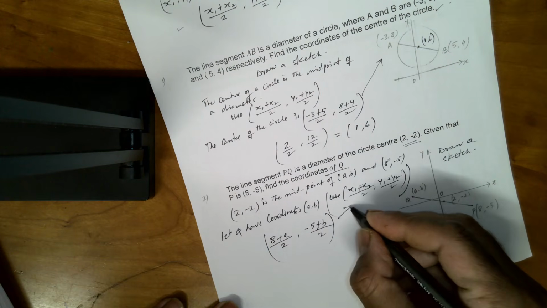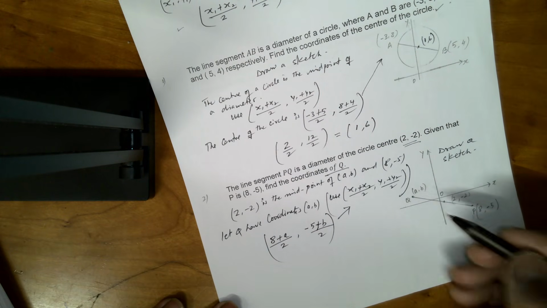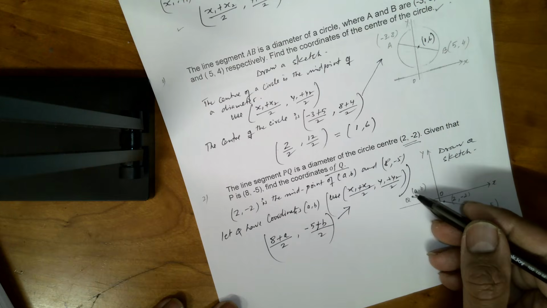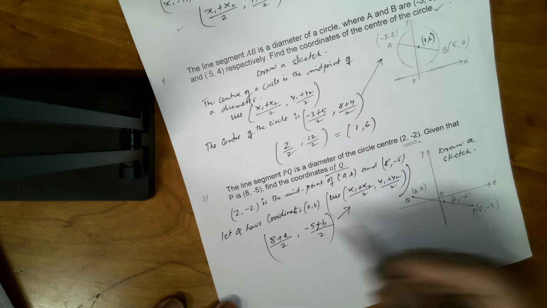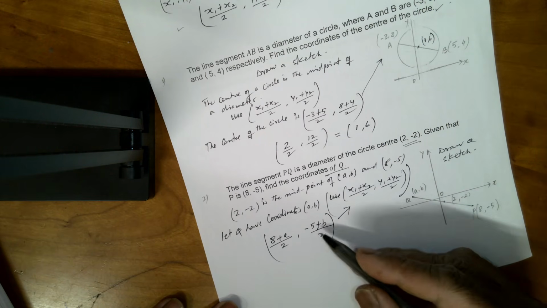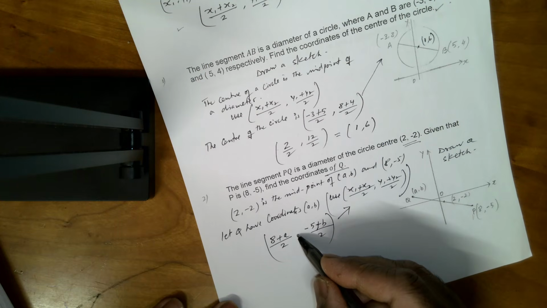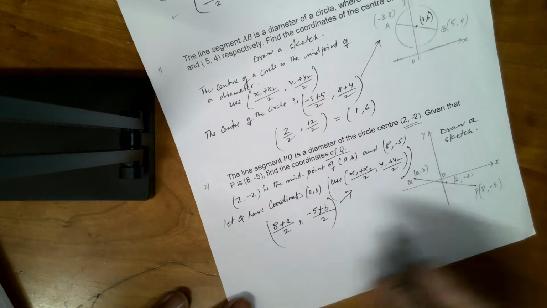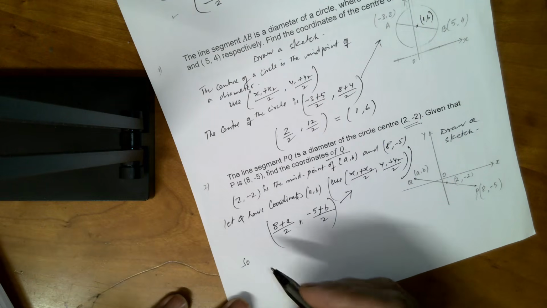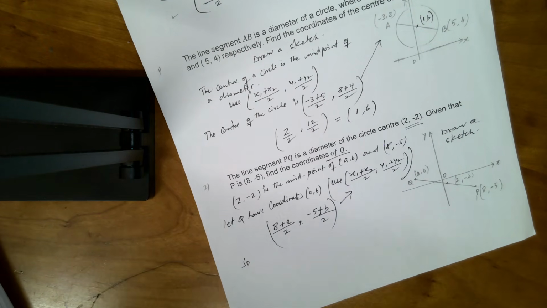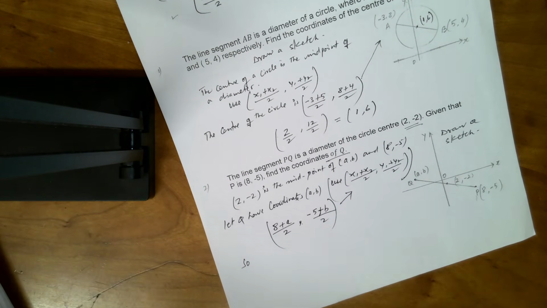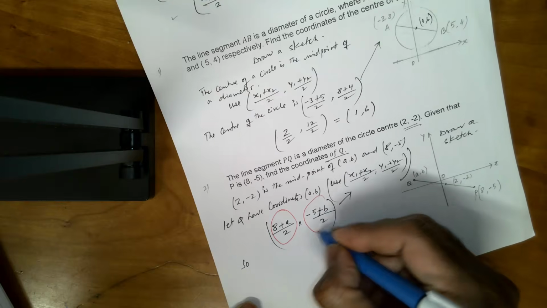So on one x is 8 and a, and another is -5 and b. Okay, that's what we got here now. We will take these coordinates individually. So let's write down that first, this and then this.